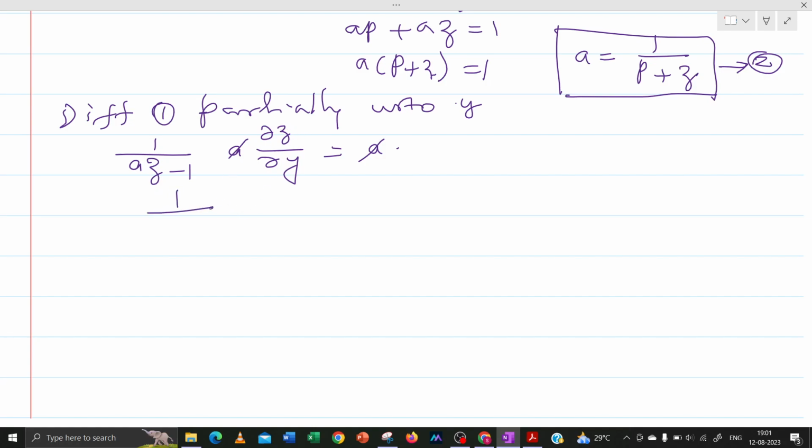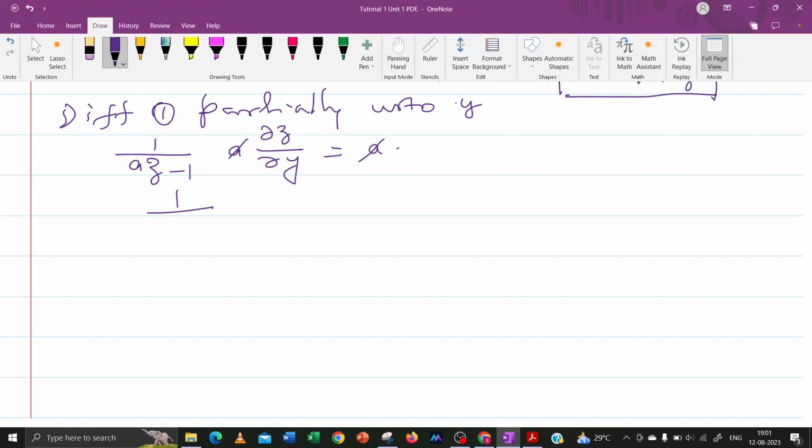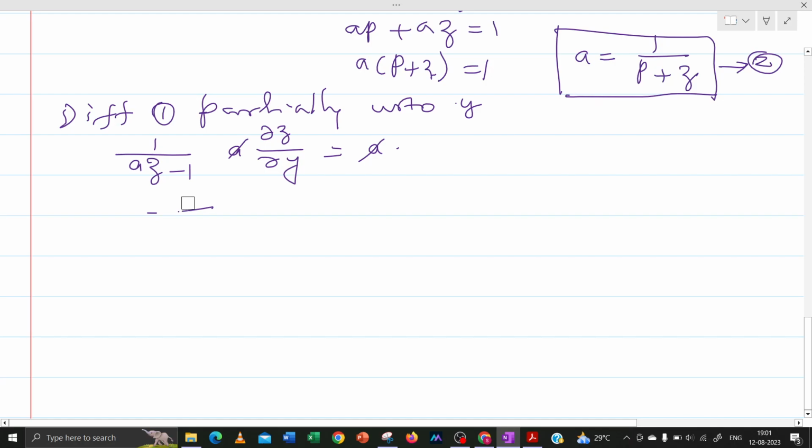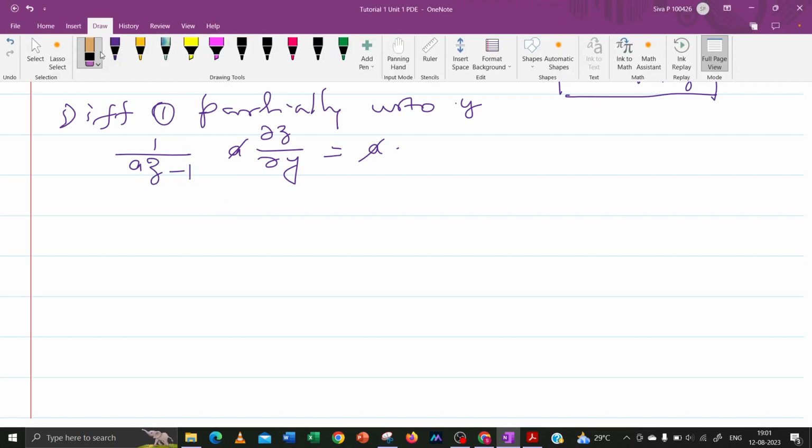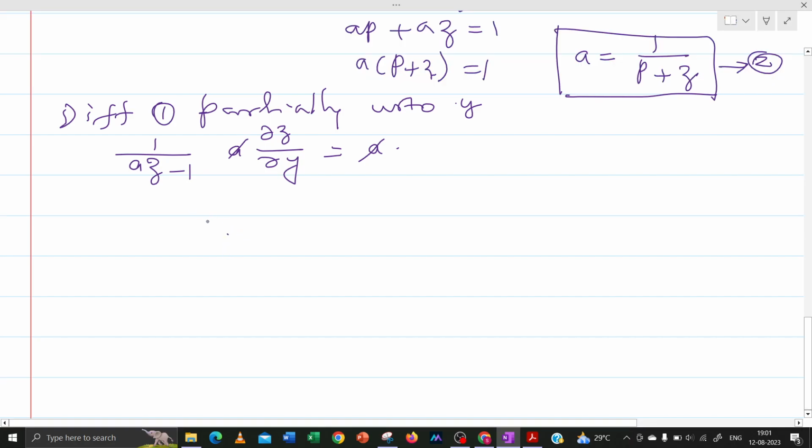So 1 by (az minus 1) can be written as, you take it cross multiply that az minus 1 there, then we will get dou z by dou y is q equal to 1 by (az minus 1).